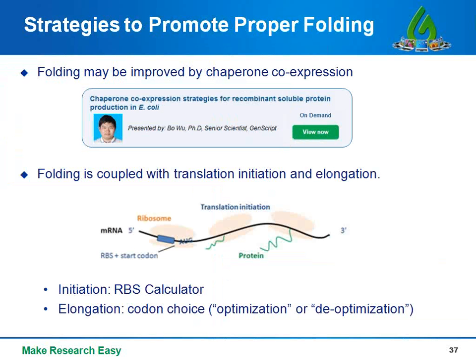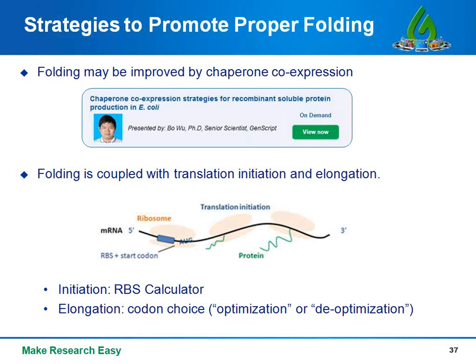And finally, another step that we didn't talk about today is there are strategies to help promote proper protein folding. For example, it can be improved by chaperone co-expression. One of our senior scientists gave a great webinar about that a few months ago. As you know, folding is coupled with translation initiation and elongation. And so the tools that I talked about today, RBS design, can help with regulating the translation initiation, and codon optimization can help modulate the rate of elongation.